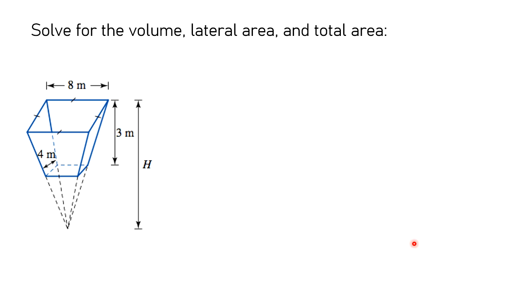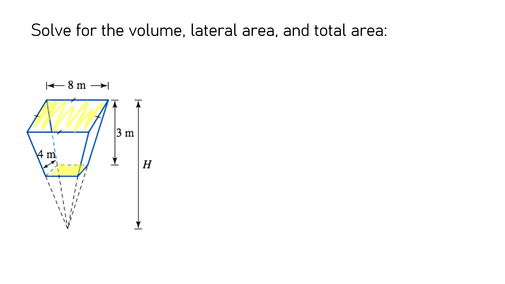First, we have here a frustum of a square pyramid. Let us first identify our given. So here we see that this is the bigger base, while this is the smaller base.